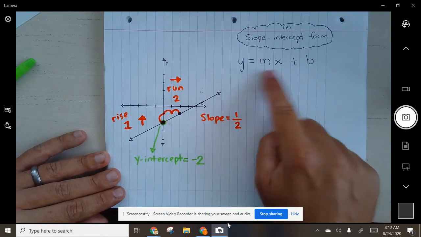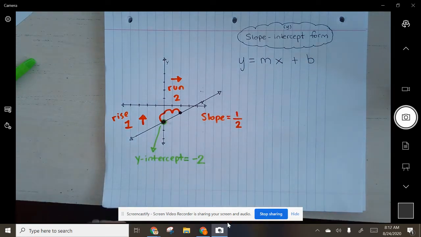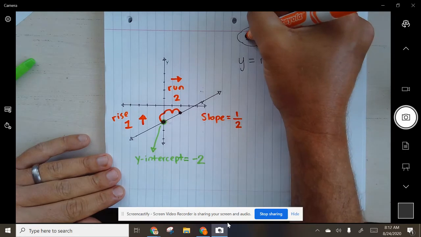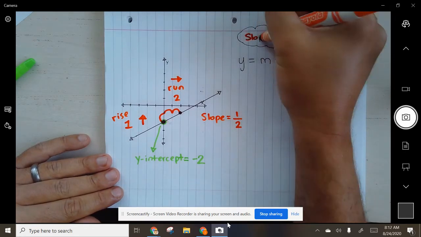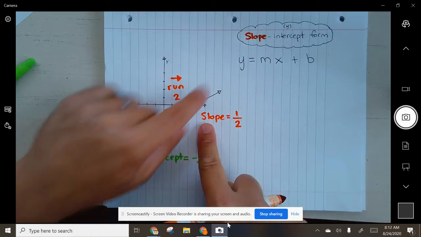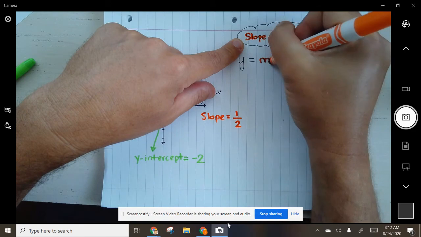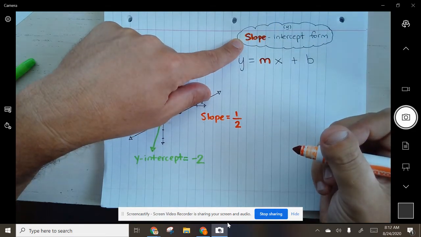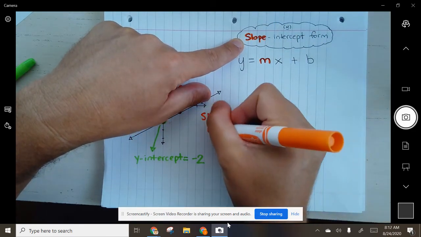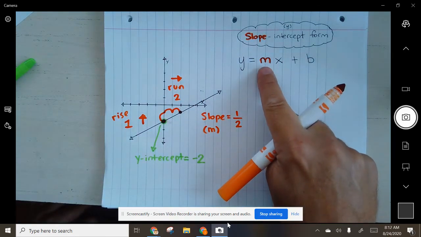And don't freak out, we're going to turn this into what you're going to be able to notice in a second. I'm going to take this orange that I just used to write slope down below, and with the same color, I'm going to write slope as part of my slope-intercept, and I'm going to color the M. The M means the slope in this equation, not the X, just the M, okay?